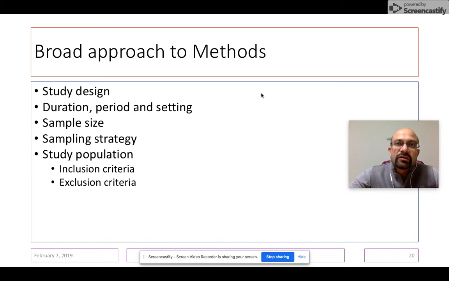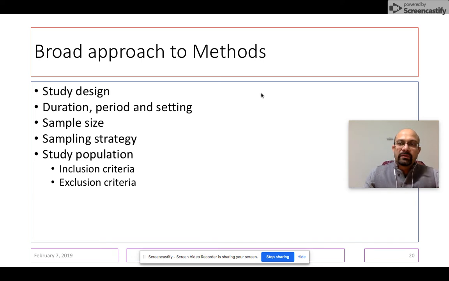You cannot include participants who have not consented, and you can't exclude someone whom you've not even included. Some people will say that I included people who were more than 50 years of age in my study. And then in the exclusion criteria, you will find it is said that we excluded individuals who were less than 50 years of age. Now, you did not even include those who were less than 50 years of age. And how could you exclude them after inclusion? So that doesn't make sense.